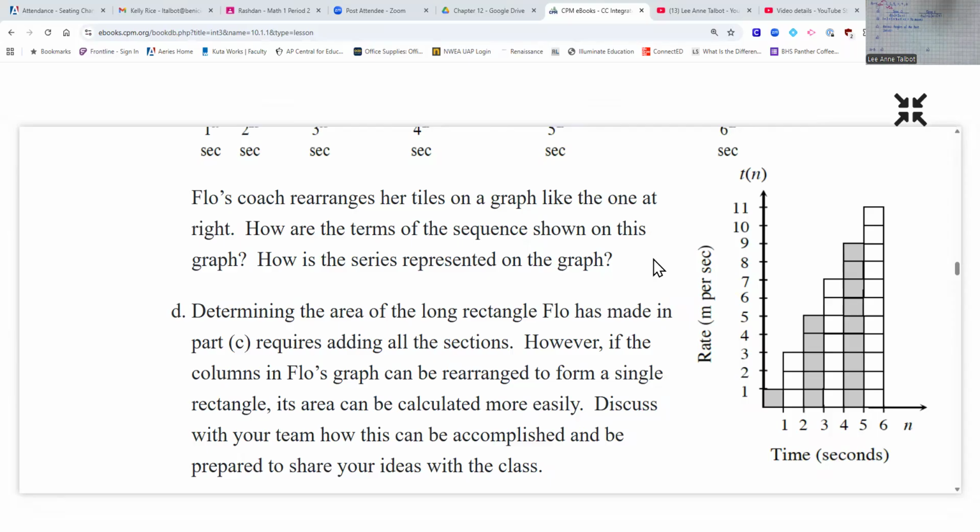How is 36 meters represented on the graph? Let me give you a hint. I just highlighted the answer. Yes, it's the area of all of the bars.